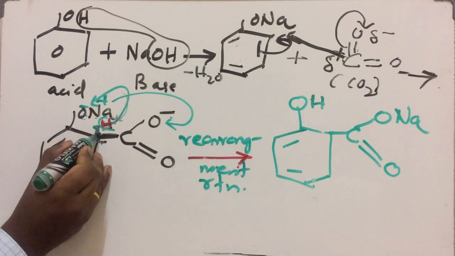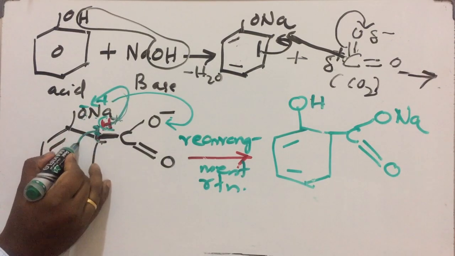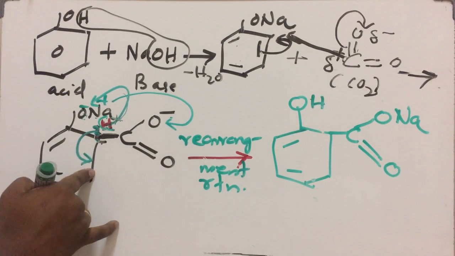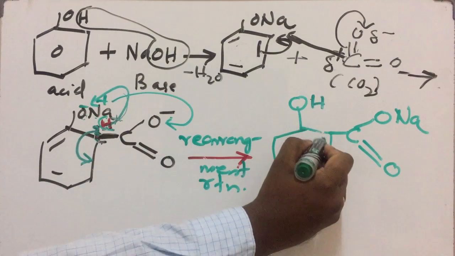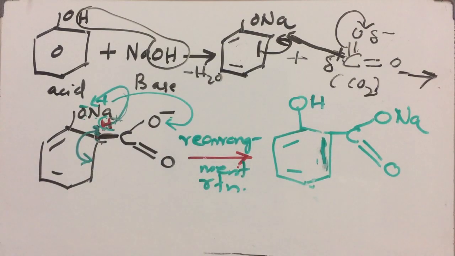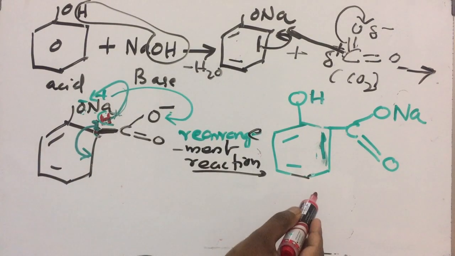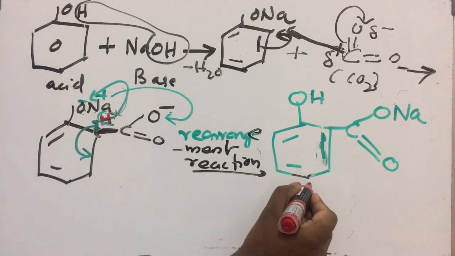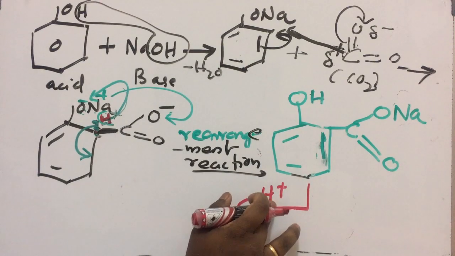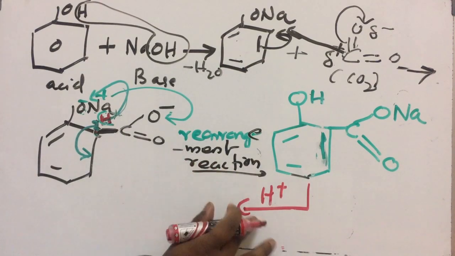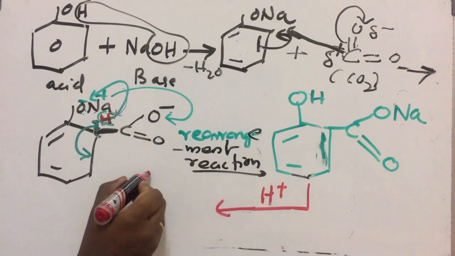So these 2 electrons will shift back to the ring and form a pi bond. So again it becomes like a benzene ring. This intermediate on further acidification, H plus, produces the final product salicylic acid.